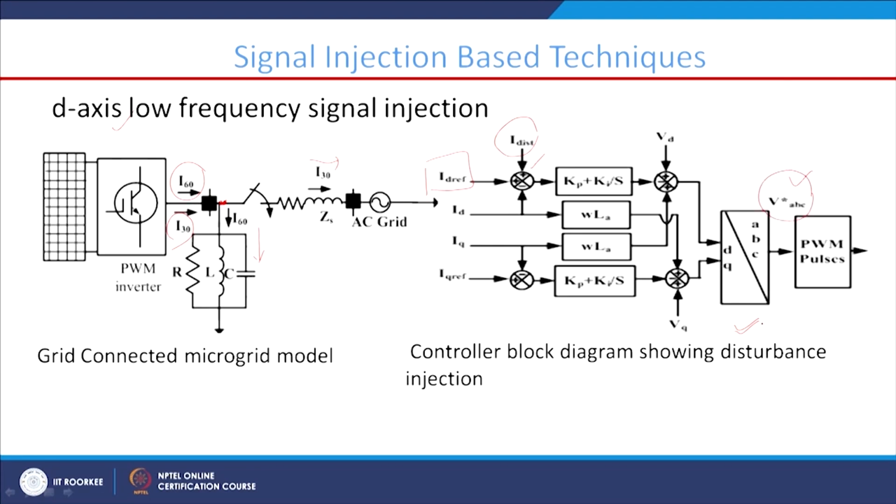So, in our hand everything is there: we can see VQ, VD, VA, VB and VC. Due to this injection of the disturbance, we look at the impact on the PCC voltage, that is VABC or VQ or VD, and from there we can determine whether there is an islanding situation or a non-islanding situation.